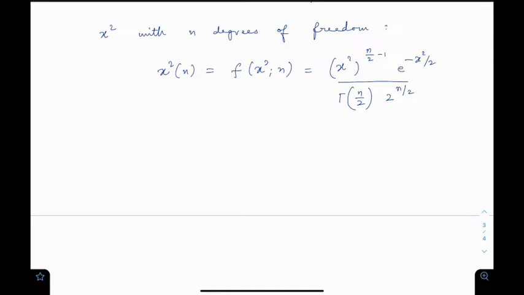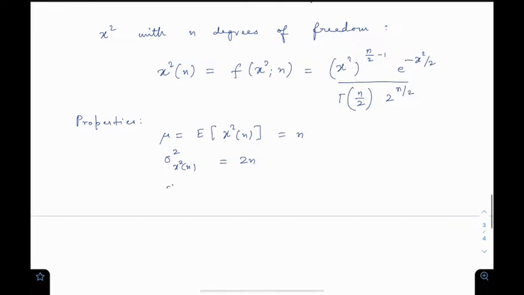So if we want to discuss some of its properties, those are given as the mean simply comes out to be n, the variance comes out as twice n, and the skewness is given by 2 root 2 by root n.